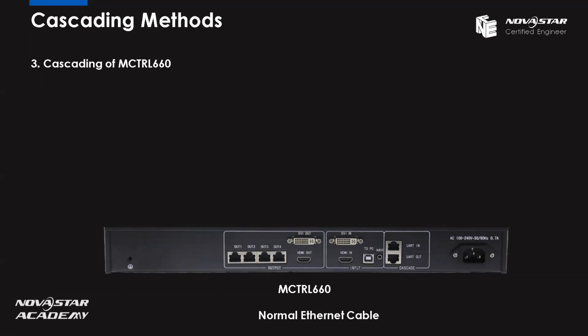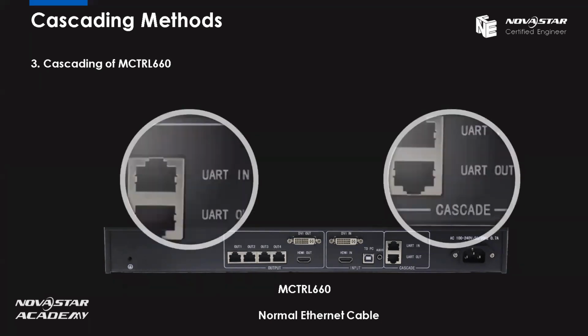On the back panel of the 660, we can see there is a UART in and UART out as well, but the interface is not the 5-pin interface anymore. It is an Ethernet cable. So for the M-Control 660, we are using a normal Ethernet cable to do the cascading. The same, the UART out connects to the next UART in. So that's the way for the M-Control 660.